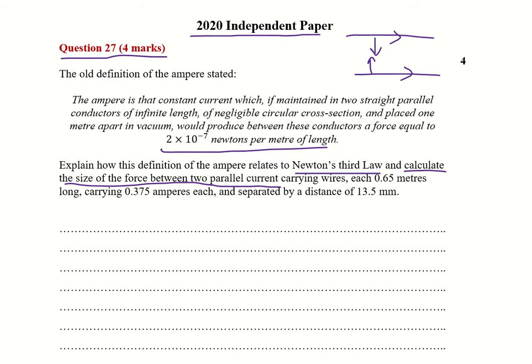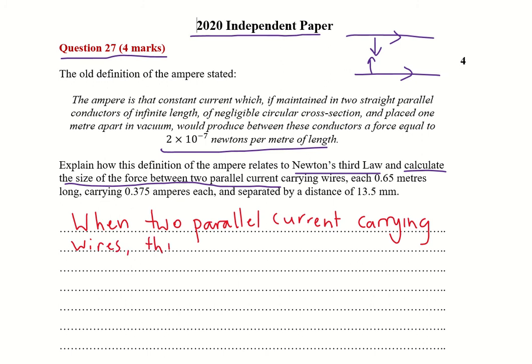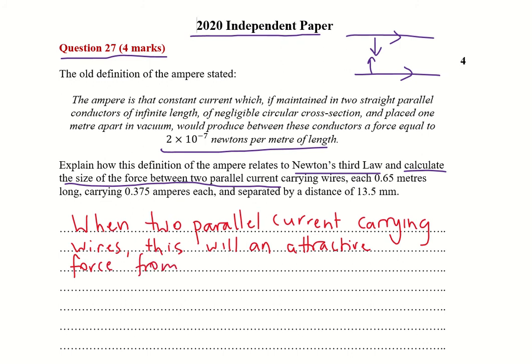Okay, so we know that when we have two parallel current carrying wires, this will cause an attractive force. Okay, this can say from wire 1 to wire 2.